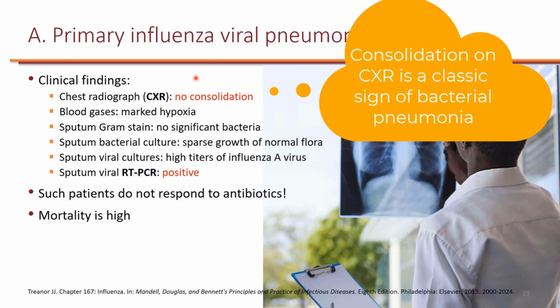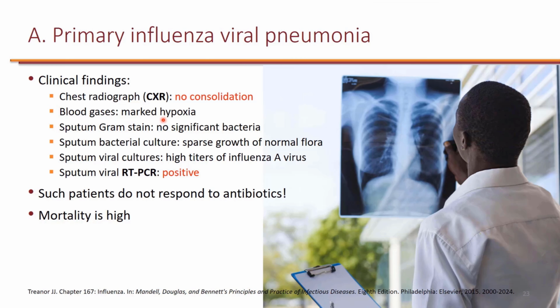Now, because of the pneumonia part, the patients are going to have marked hypoxia. So there is a problem with oxygenation. And of course, if we get a sputum sample and do a gram stain, there will be no significant bacteria seen. And no bacteria will be grown on sputum culture unless normal flora.